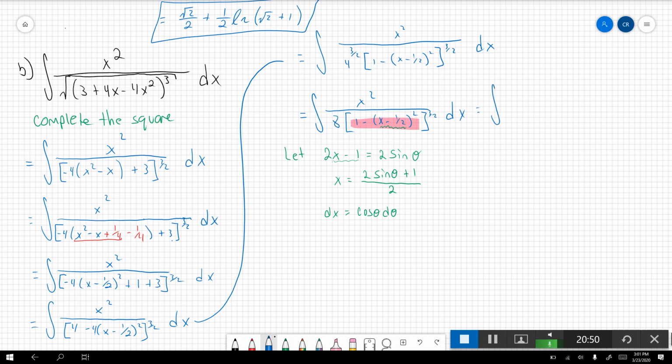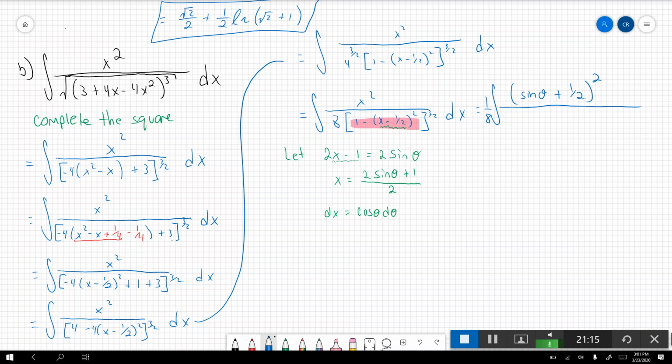And I say that's beautiful because now my numerator, look at that numerator. That numerator is now going to be sine theta plus 1/2 raised to the power of 2. That's x, right? X squared. All divided by that 1/8 I'm going to factor out to the front of the integral.